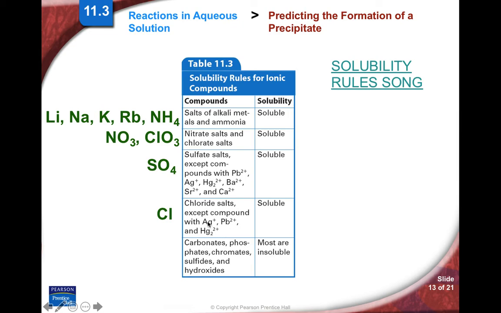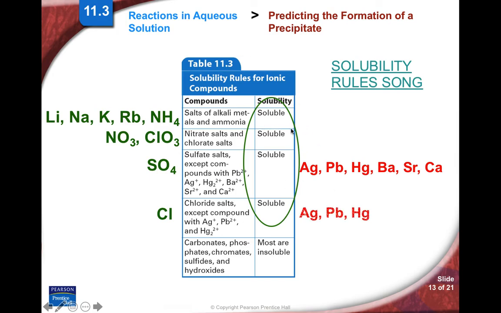The glaring exception is silver and lead 2, and also mercury 1. Again, this is a -2 charge for sulfate, -1 for chloride. So those are all soluble. The biggest exceptions are silver, lead, mercury, barium, strontium, and calcium as far as being insoluble within these possibilities.